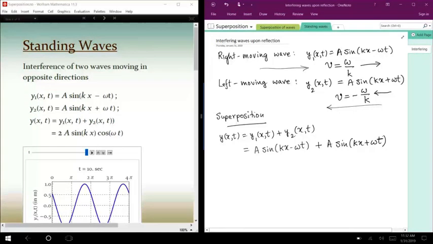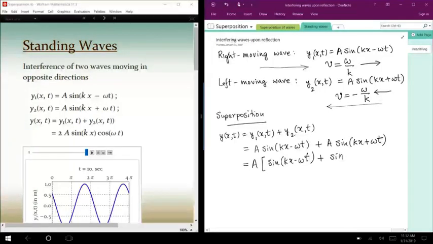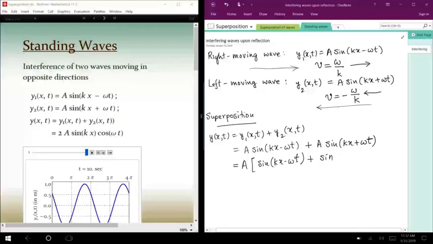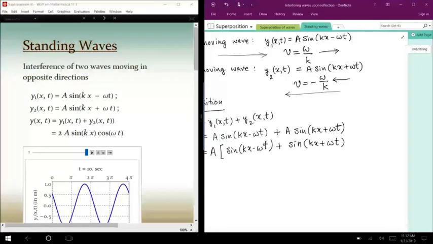If we add these two together, the A factors out, so we have A times [sine(kx minus omega t) plus sine(kx plus omega t)].